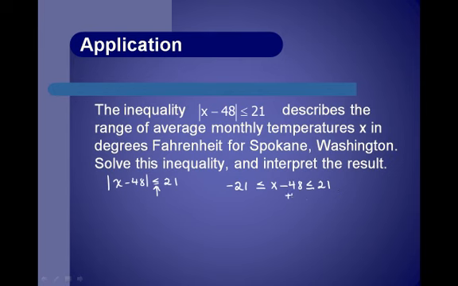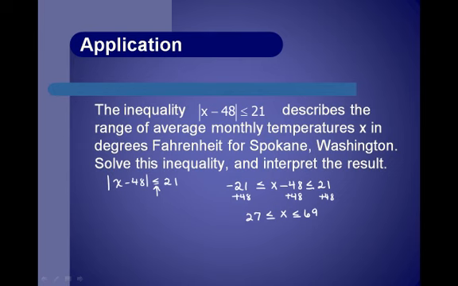Now to get x in the middle, we're going to add 48 to all sides. So we would get 27 is less than or equal to x is less than or equal to 69, which means that the monthly temperature x is between 27 and 69.